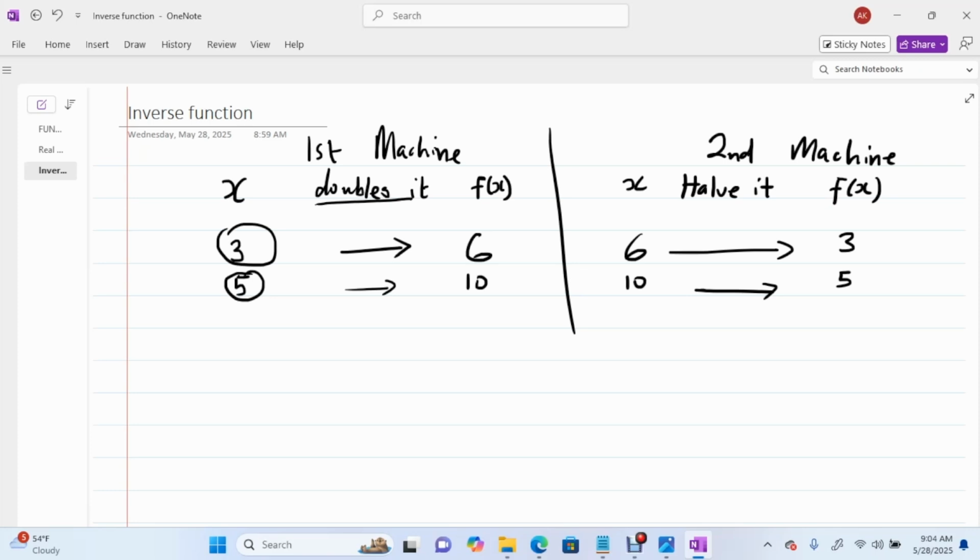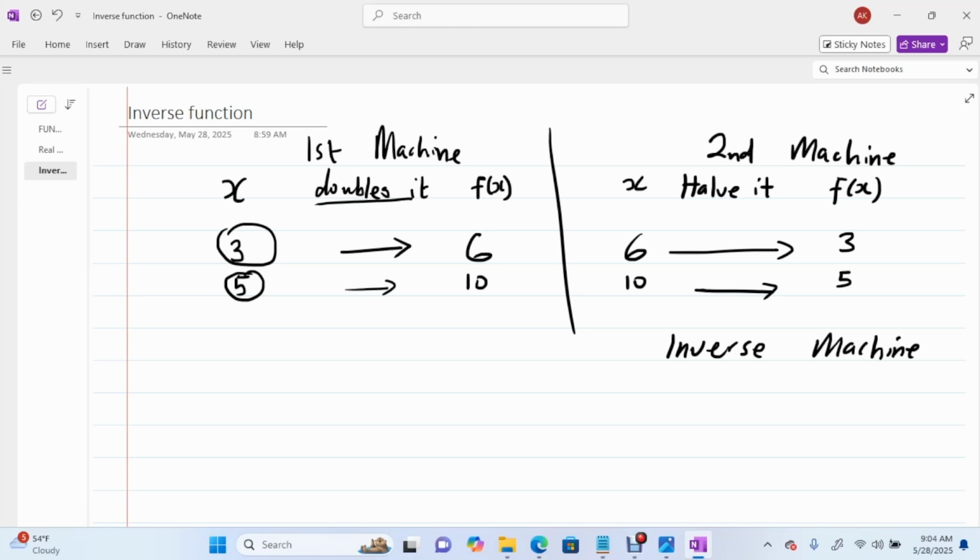We call this second machine the inverse machine. All it does is reverse whatever our first machine did.